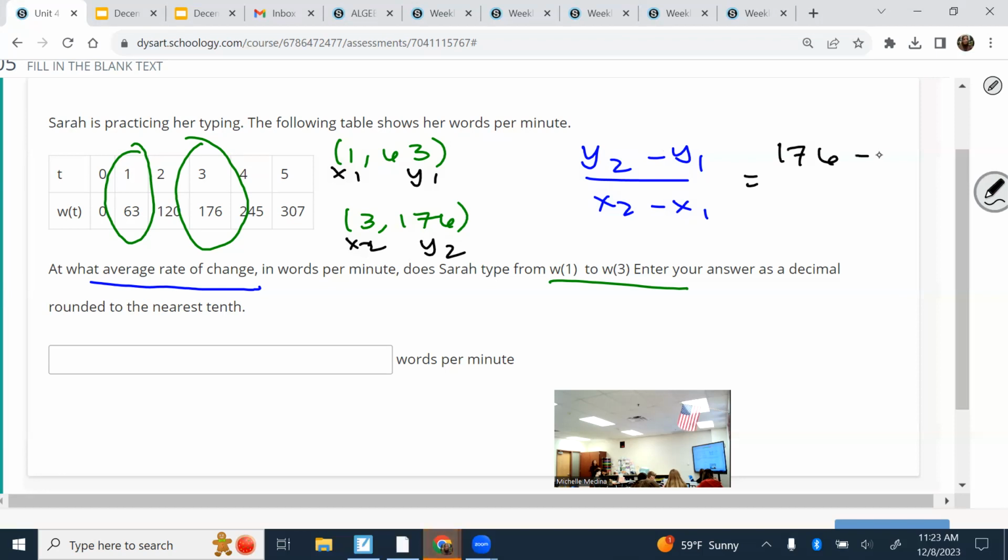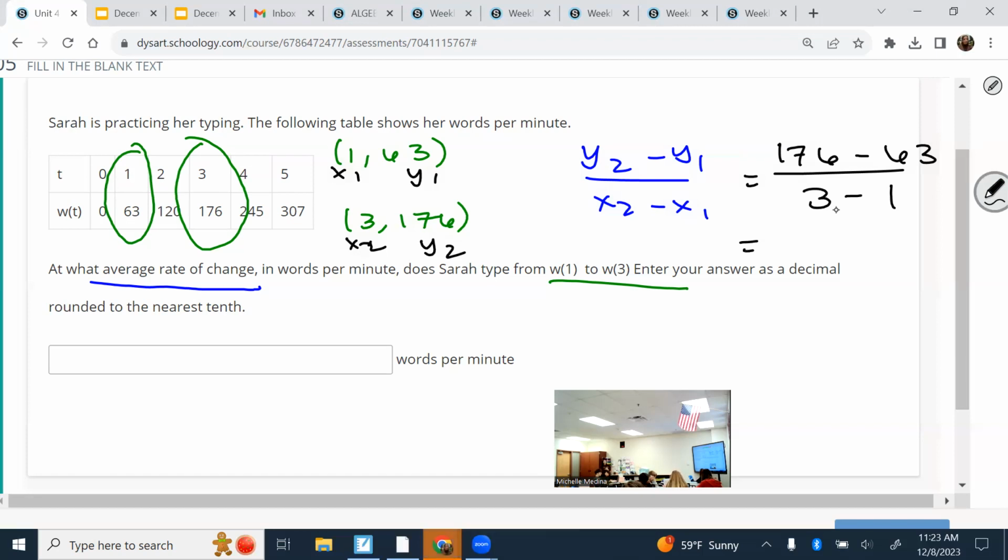What's my y1? 63. So that's why I never skip the labeling step. And then what's my x2? And then what's my x1? And it said minus in the formula, so there's minus there. And then you're just simplifying.